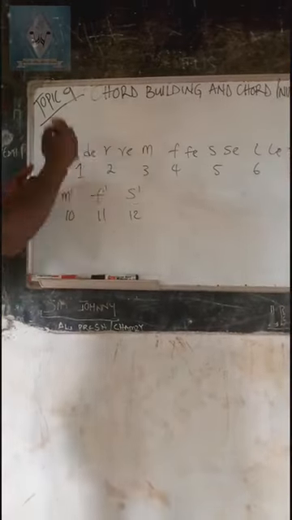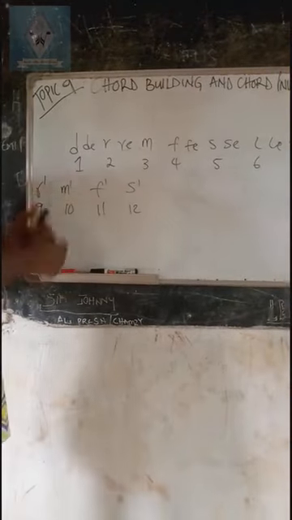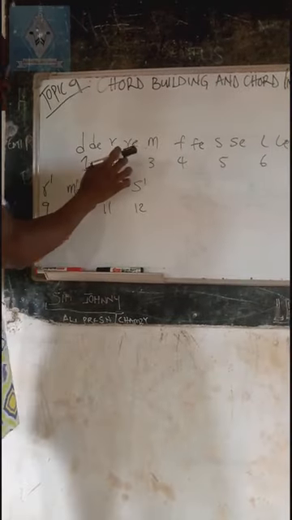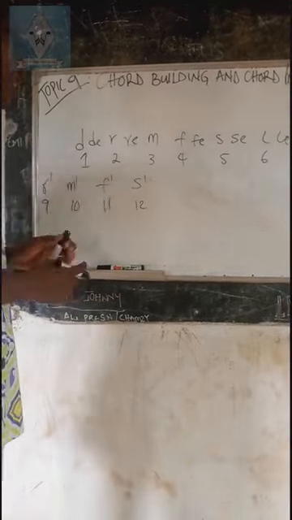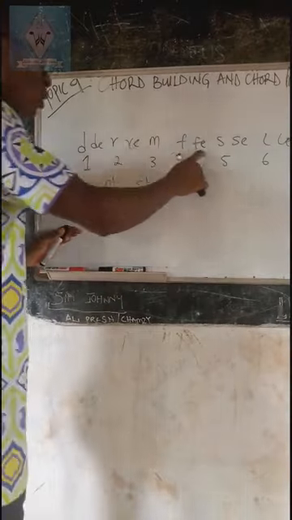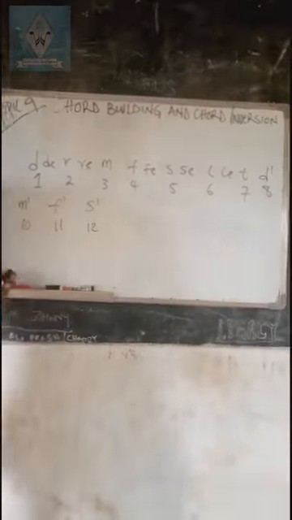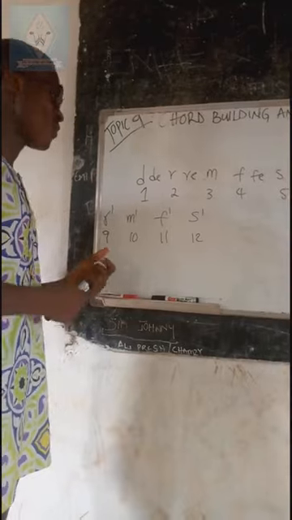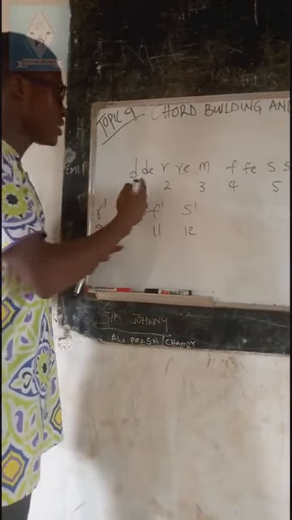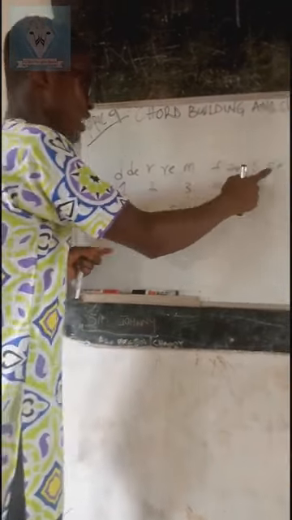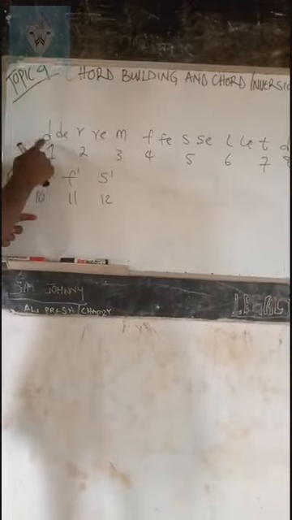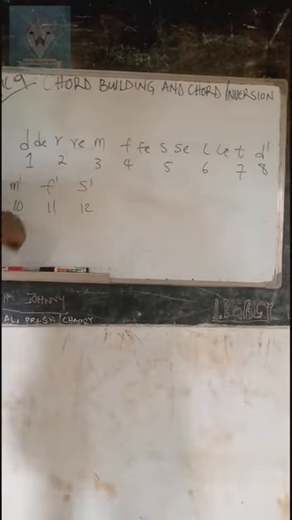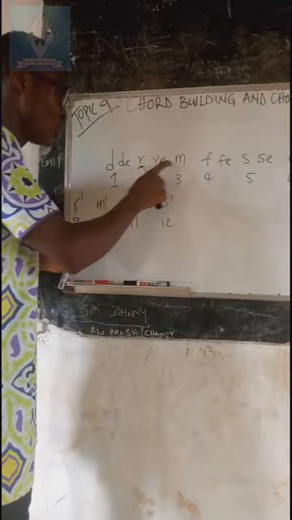Now, since these natural notes have their own interval names, which are root, major second, major third, and so on, the accidental notes also can have their own interval names because they are also intervals. Since the accidental notes are derived from the natural notes, their intervals will also be derived from the natural notes.